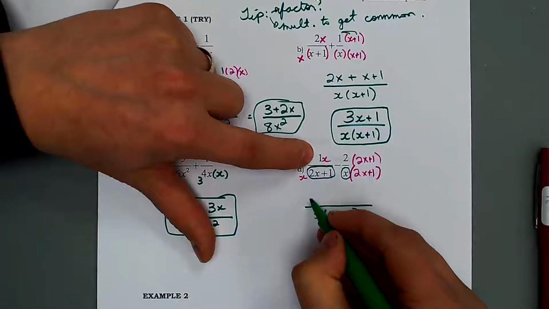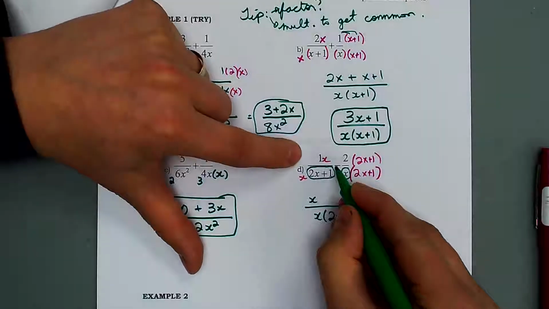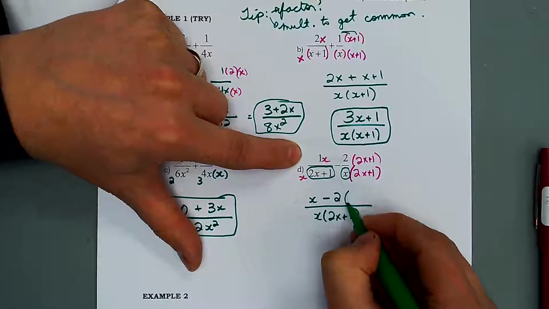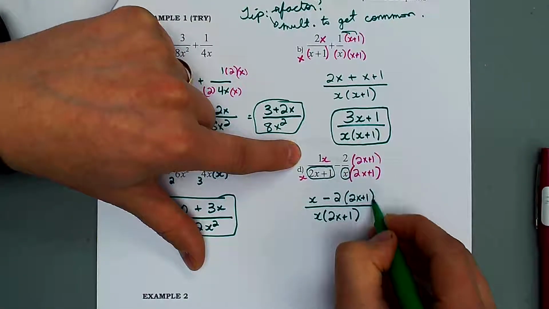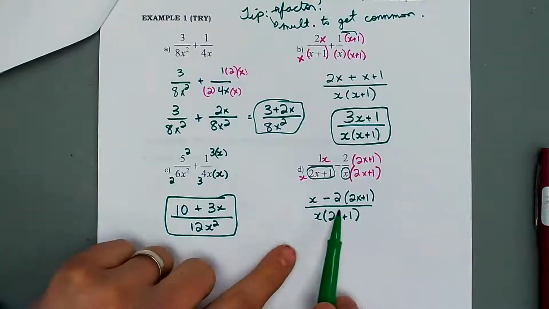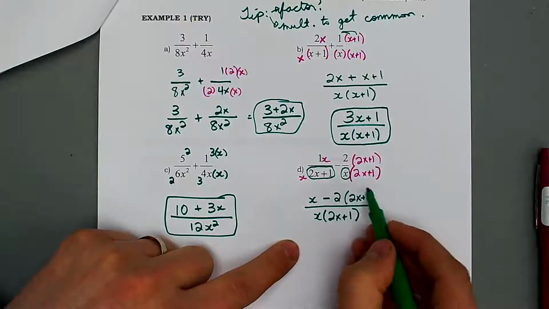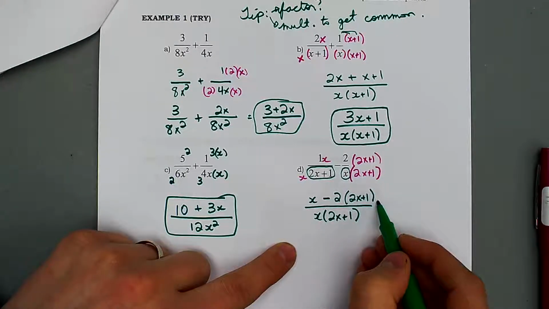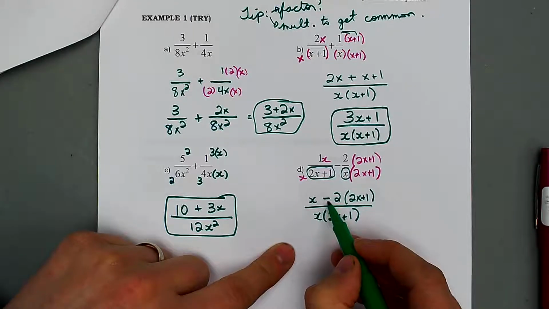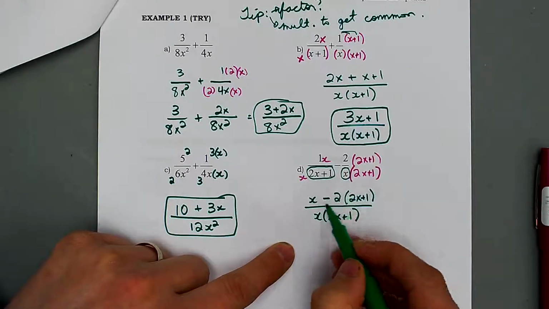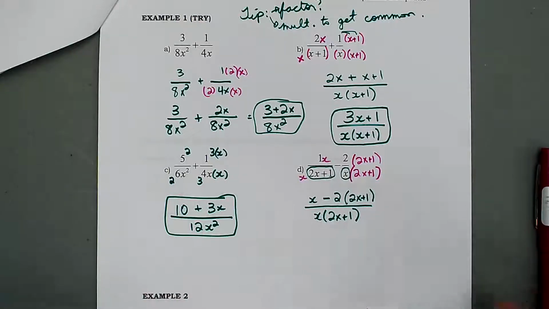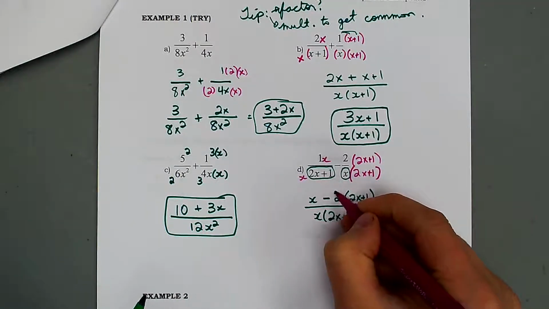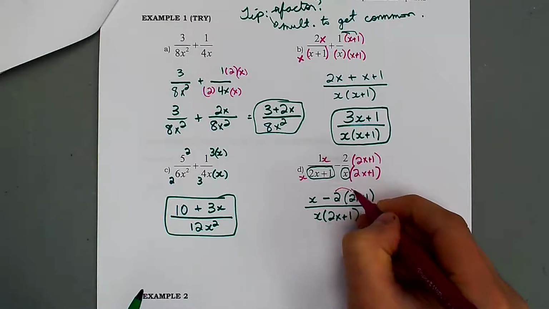And on the top, I've got a 1x or an x, and then we're subtracting a 2 bracket 2x plus 1. Now, we do have to be very, very mindful of this, because when we're subtracting all of this, we have to make sure that that negative impacts all of this. One way we can do this is to make this negative 2 value get distributed in.